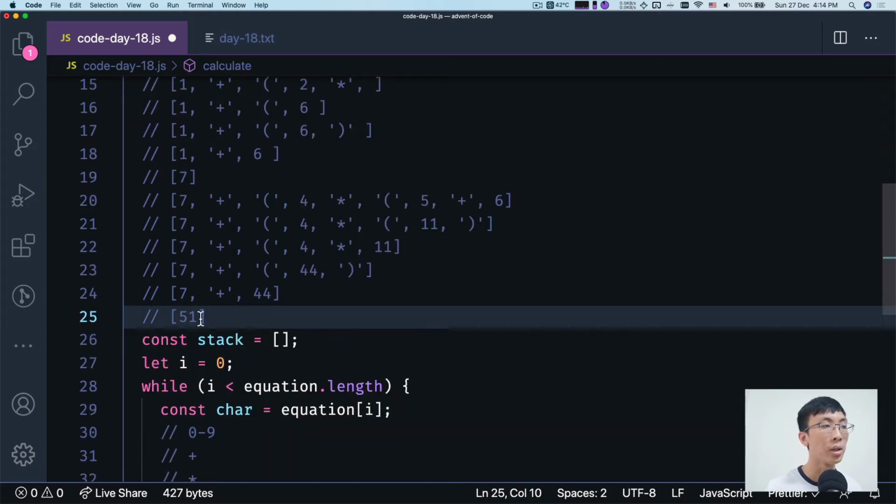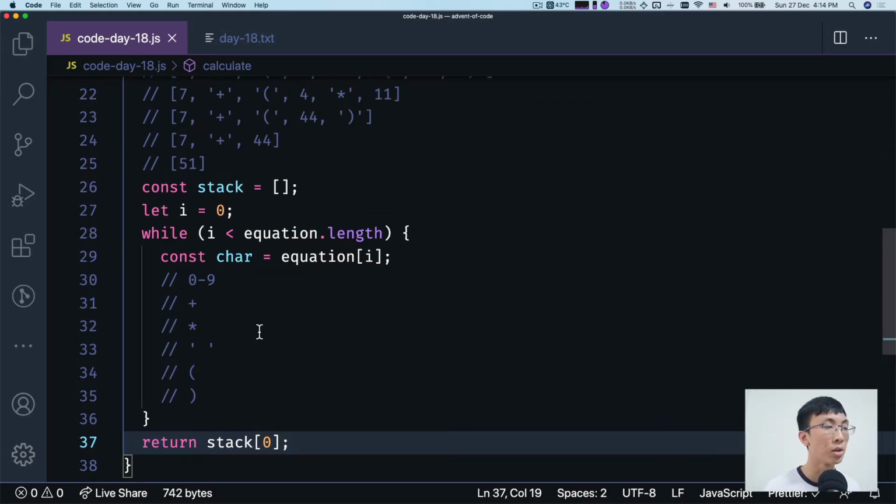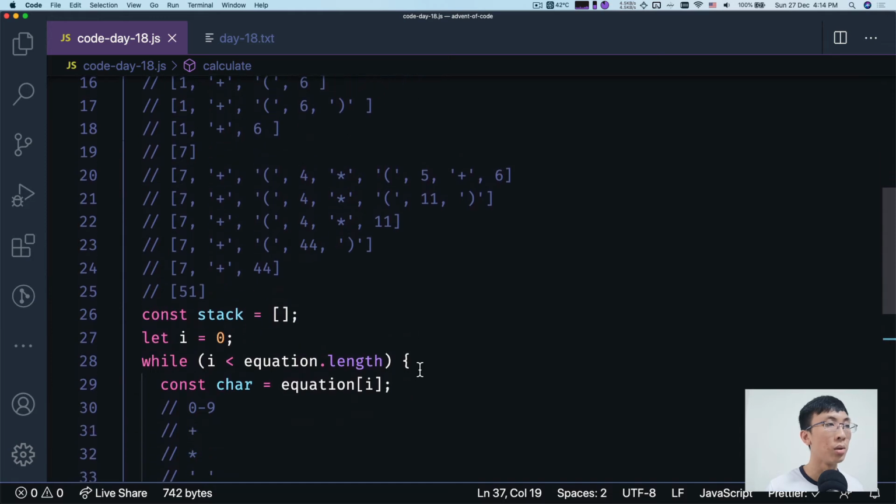So at the very end of it, I will return the top of the stack, which is stack 0, right? So this is what we are going to do, and let's take a look at how we are going to do it.